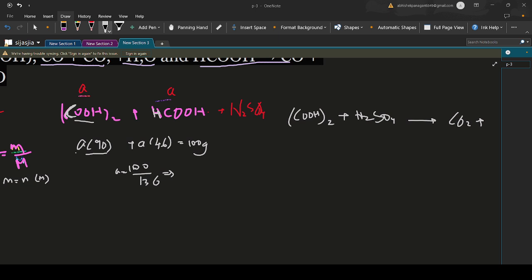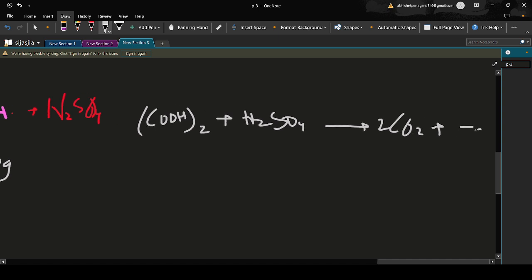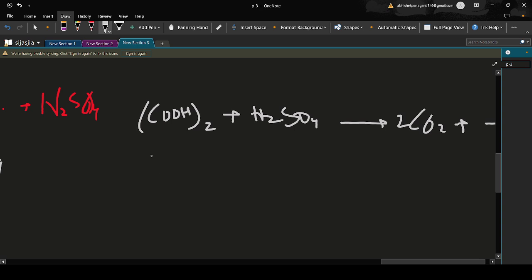The oxalic acid reacting with H2SO4 gives SO2 plus CO2 plus H2O. This gives 2 moles of CO2 plus some external things, which doesn't really matter.